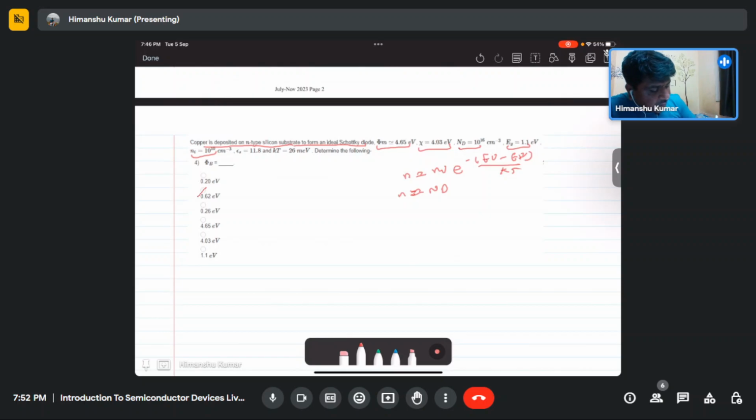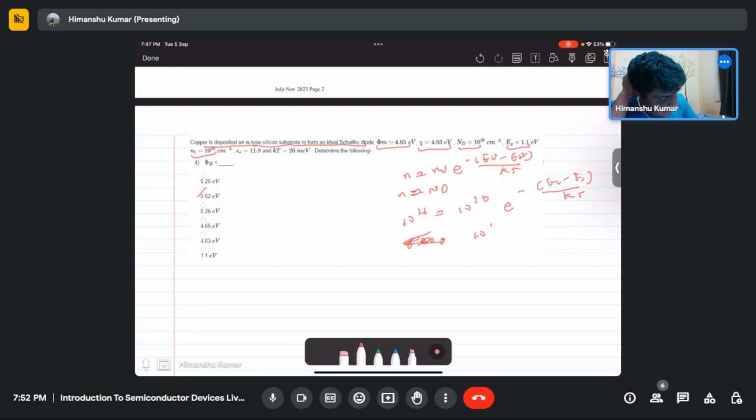Then we can write 10 power 16 equals 10 power 10 times exponential of minus (Ei minus Ef) by kT. If we take the log on both sides, we can simplify this.